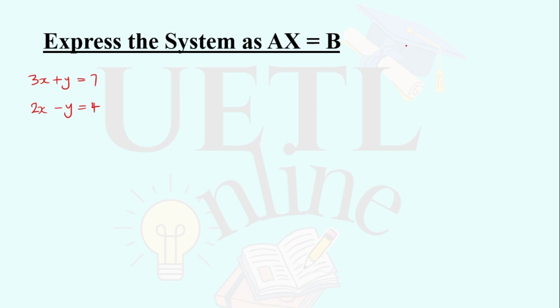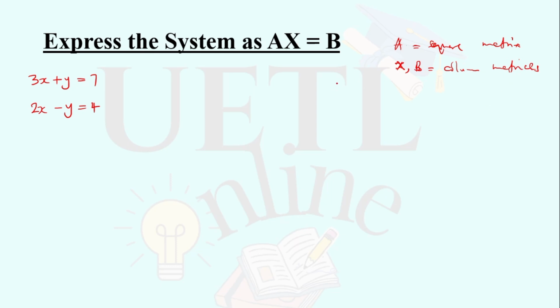A is a matrix which is a square matrix. Then X and B are column matrices. I explained the types of matrices before.